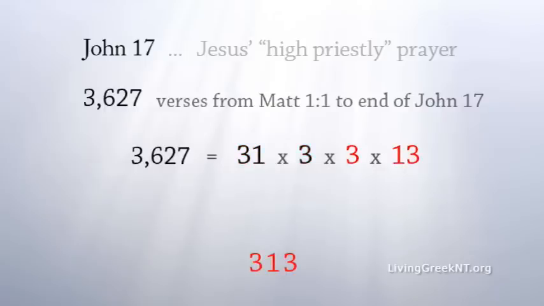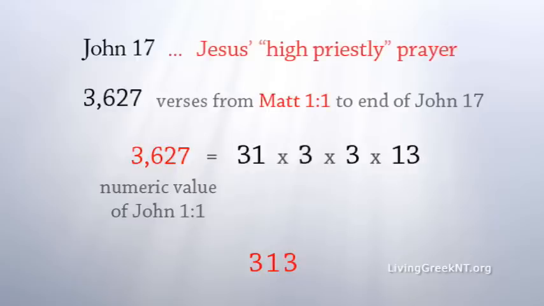The number of New Testament verses up to the end of John 17 is the same as the numeric value of John 1:1. The code connects the start of the New Testament to Jesus' prayer. The verse count produces the same pattern, 313.